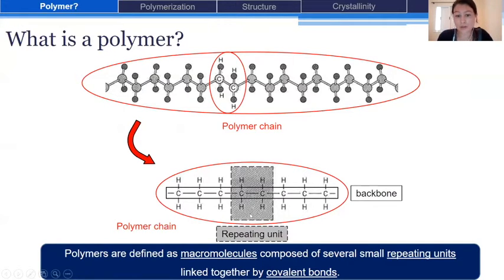In fact, you can see that this repeating unit is repeated many times to create this long chain of polymer. So we will say that polymers are defined as macromolecules, which means a huge molecule composed of several small repeating units linked together by covalent bonds.